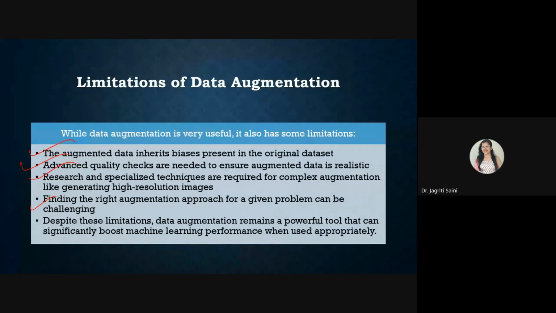There are hundreds of methods that you can apply, but which one you have to choose is always a time taking task. However, even after all of these limitations, this augmentation technique can definitely enhance the performance of machine learning as well as deep learning models. So when we use them appropriately, they will definitely give good results to us.